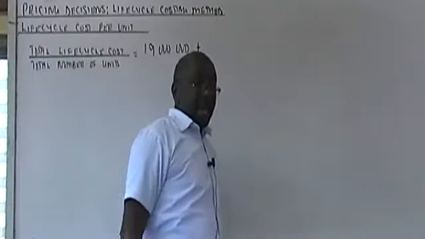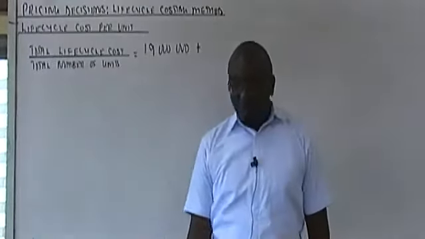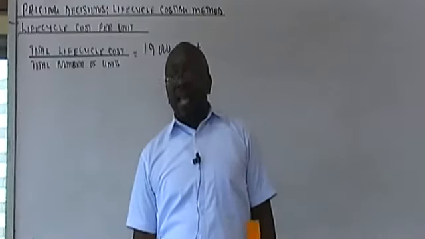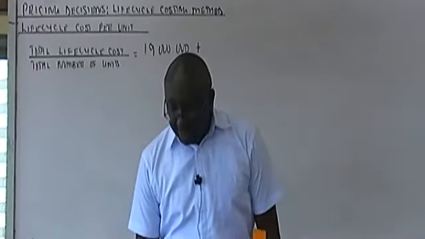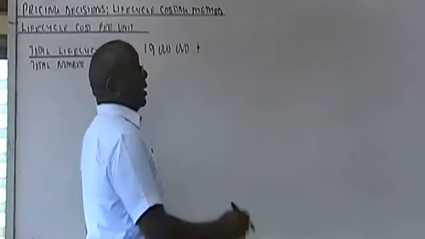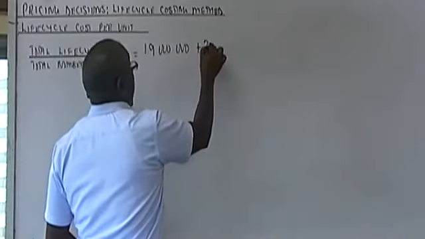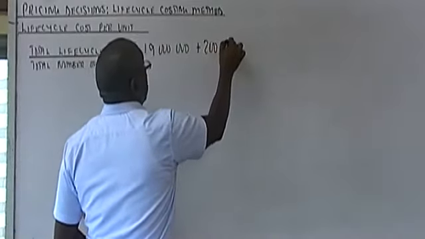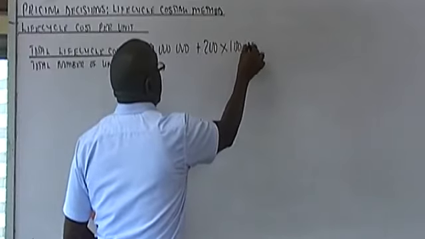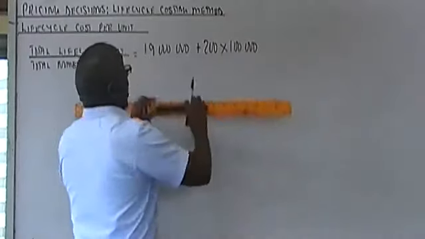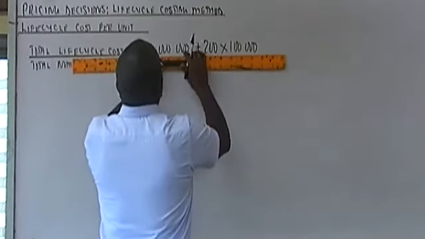Plus there is some variable costs. Now the variable cost, you can see it is 200 per unit. So this will require 200 multiplied by the number of units, which we are told is 100,000.